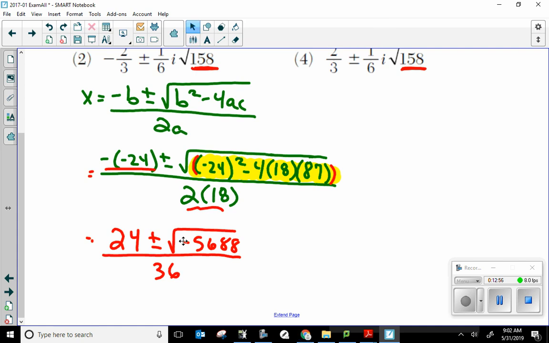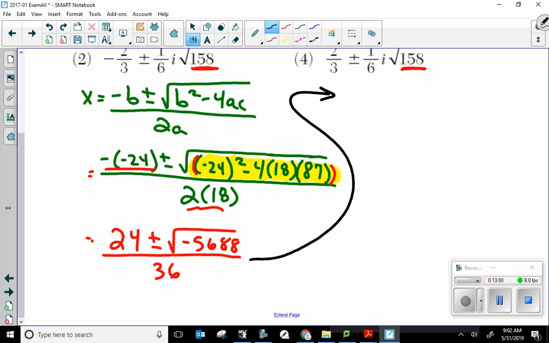Okay, now let's bring this up here. I've got 24 plus or minus. Okay. The negative pops out and becomes an i. Square root of 5688 all over 36.